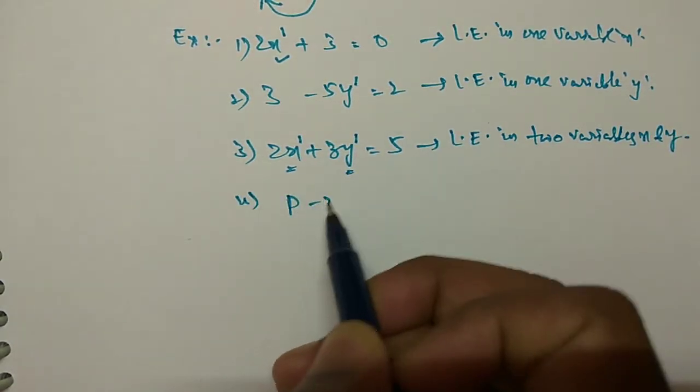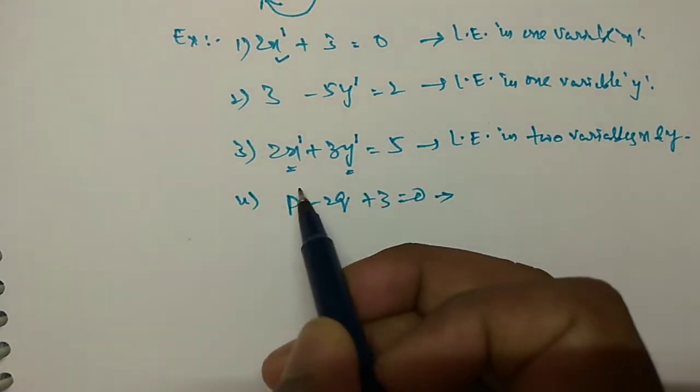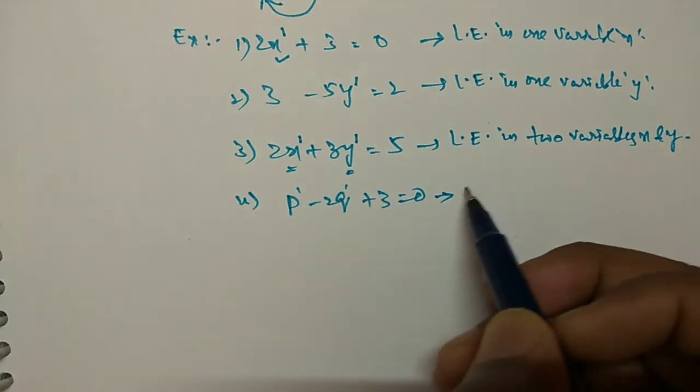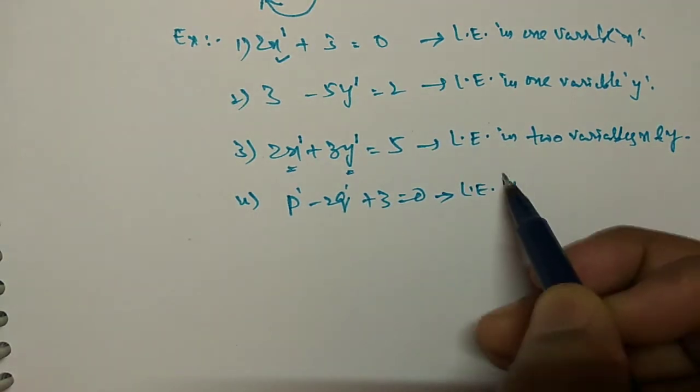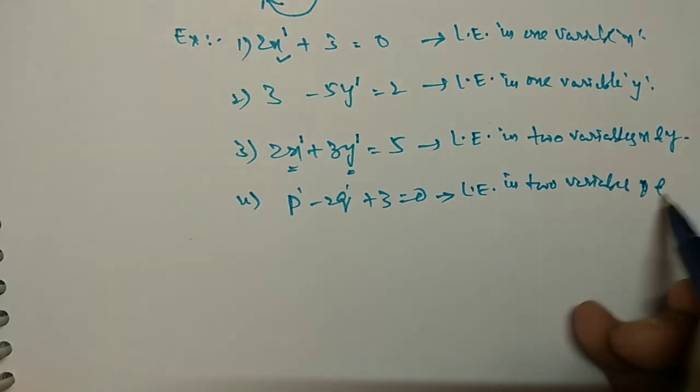Similarly, this is p minus 2q plus 3 equal to 0. The highest power of the variables involved in this equation is 1, so it is also called a linear equation in two variables p and q.